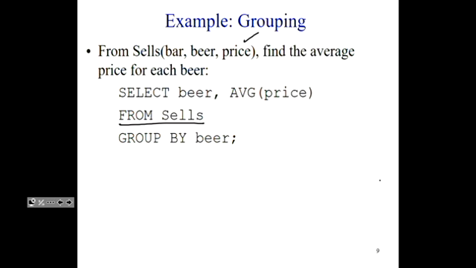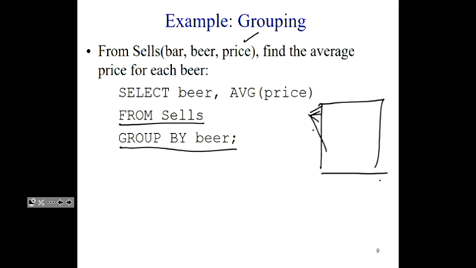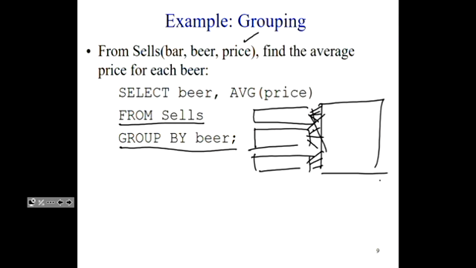Okay. So when I'm doing this, the way I would do this is to start with the cells relation once again. So that's the relation that I'm operating on. I'm grouping by the beer. So I'm implicitly saying, hey, this is my cells relation. Let's take all of the tuples corresponding to one beer and then operate on them, and then all of the tuples corresponding to the other beer and operate on them, all of the tuples corresponding to the third beer and operate on them. And so those form your groups.